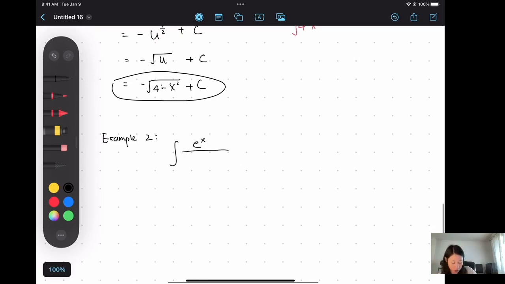We want to integrate e to the x times (e to the x plus 15) to the third power. So for this one, I want to take u, the embedded function, u equals e to the x plus 15. So I can rewrite the function as e to the x times u to the third dx.